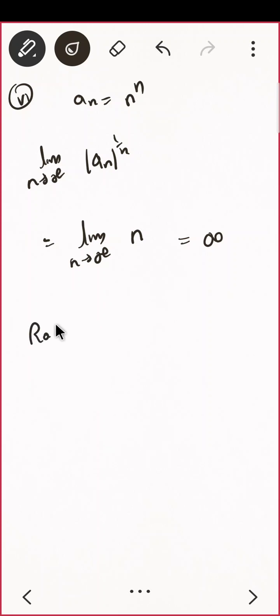The radius of convergence is 0. What do you mean by radius of convergence is 0? That means it converges only at that point, only at 0, nowhere else. Correct?